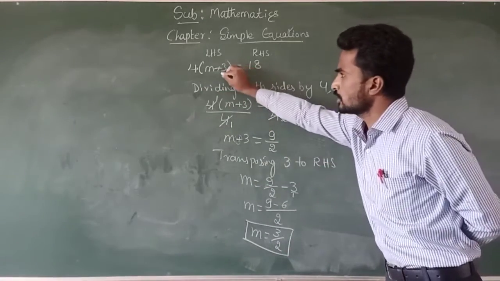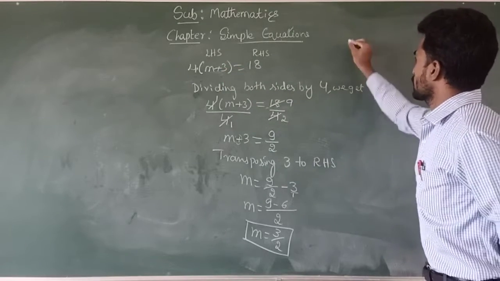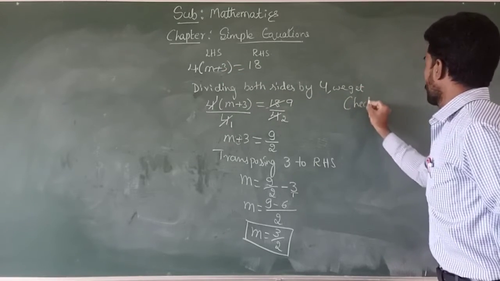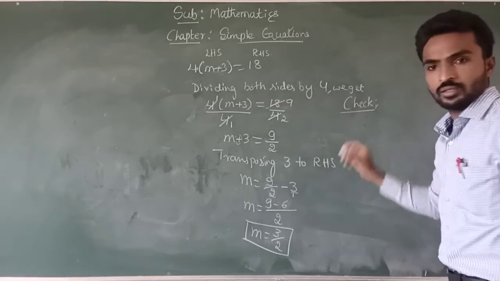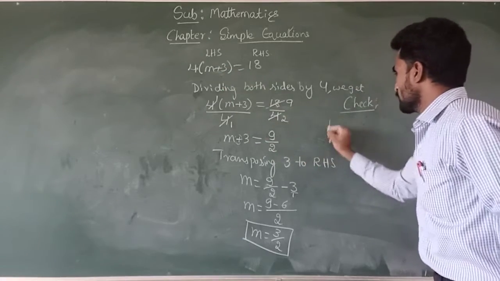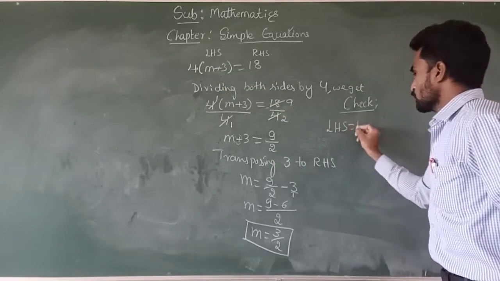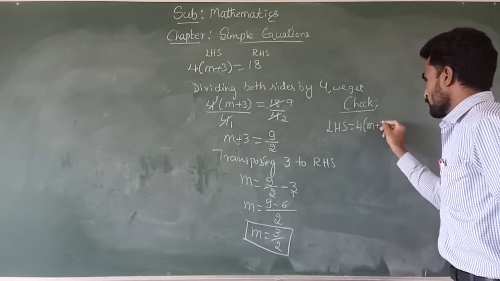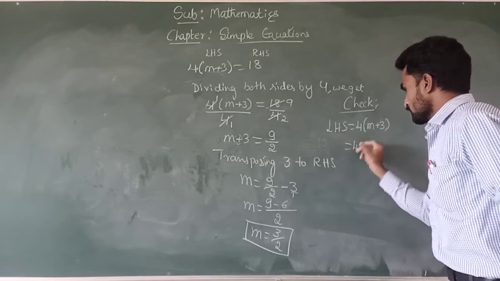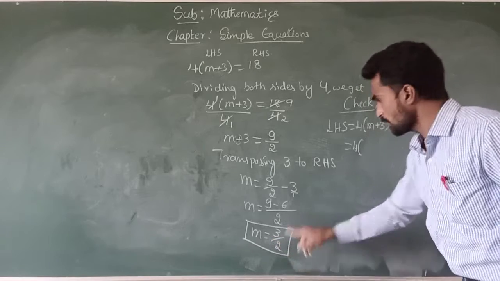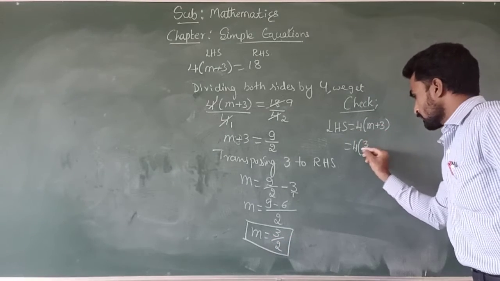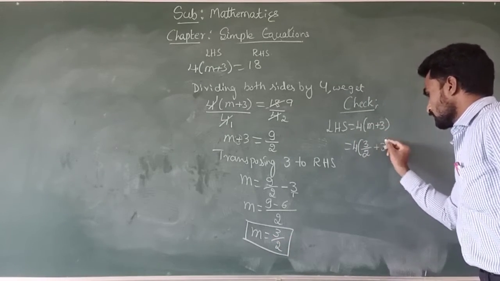Just substituting in the LHS, checking. Just consider the LHS side. LHS is equal to 4 into m plus 3. Substitute the value m is equal to 3 by 2 in this side: 3 by 2 plus 3.